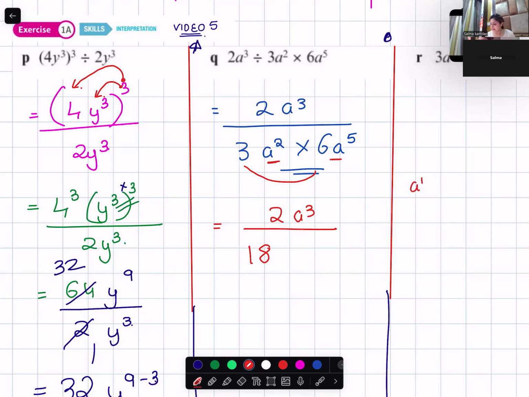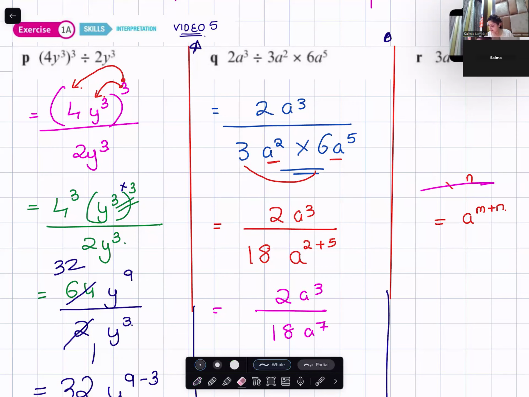Like a raised to m into a raised to n will give you a raised to m plus n. So it would be a raised to 2 plus 5. So this will become 2a cube over 18a^7.